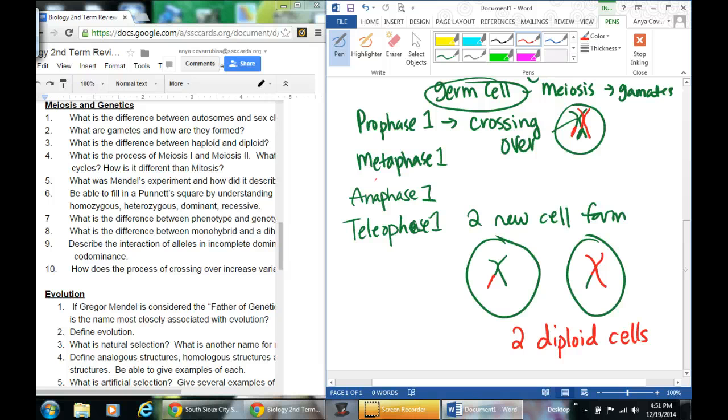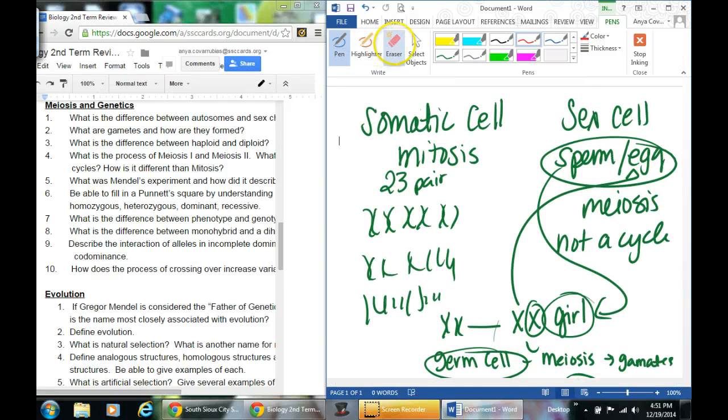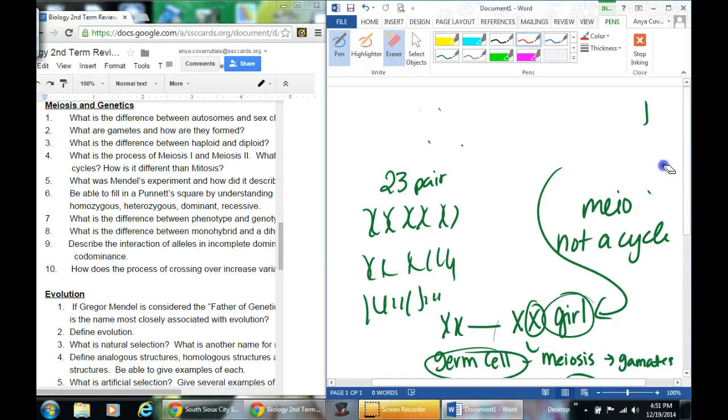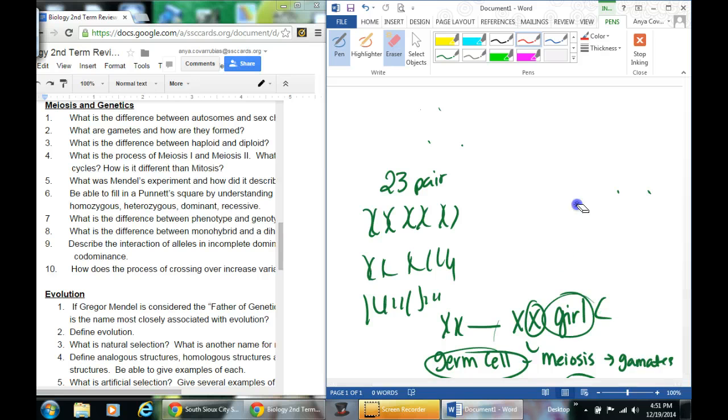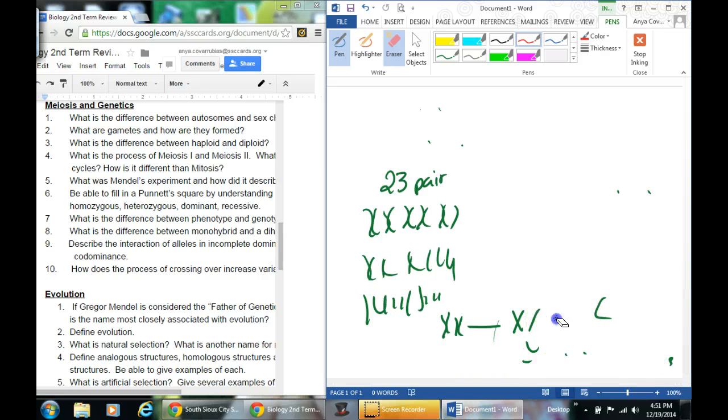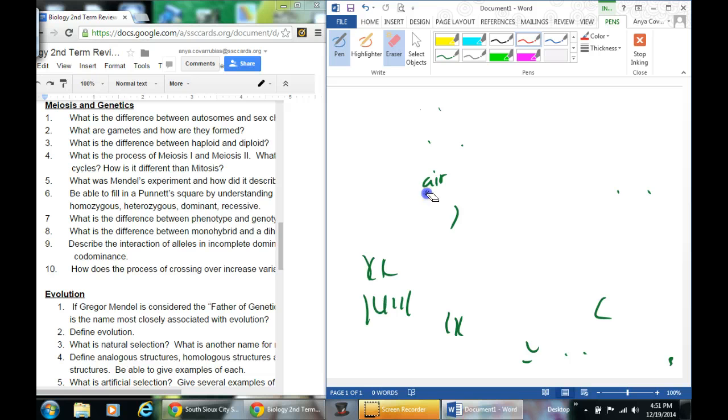To do that, we're going to go through meiosis 2. So what happens here? We go through prophase 2, where they get ready to divide. The centrioles are going to spread out to each side, and we are going to get ready to divide again.